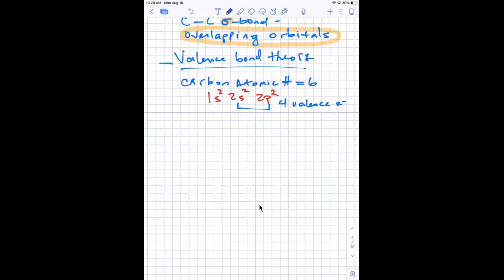So let me write that down. Bonding occurs between 2 atoms when they're close enough for their valence shells to overlap.